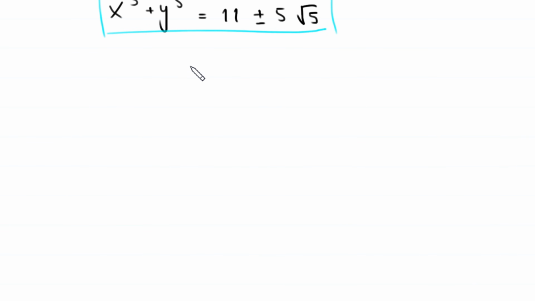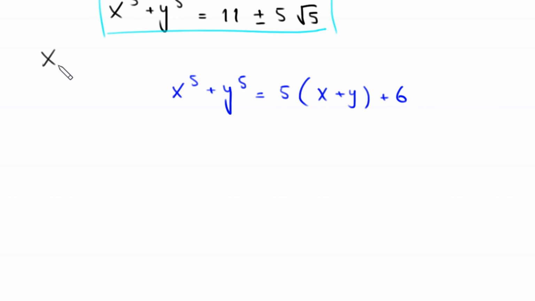The equation is x to the power 5 plus y to the power 5 is equal to 5 times (x plus y) plus 6, and we now take a value of x1 equal to (1 plus root 5) over 2, and we take a value of y2, (1 minus root 5) over 2.